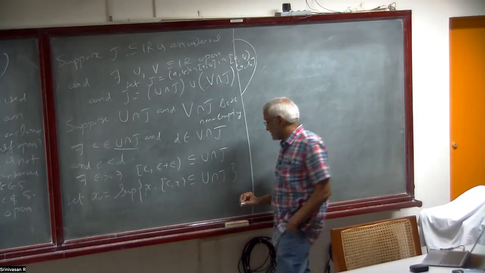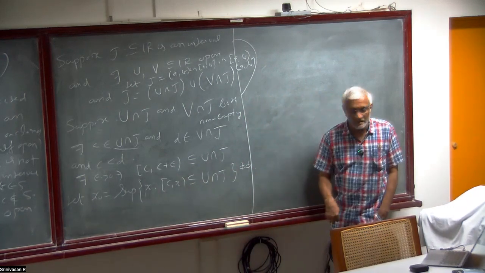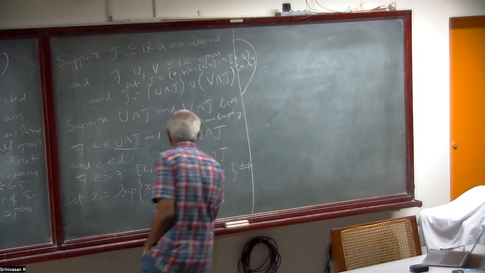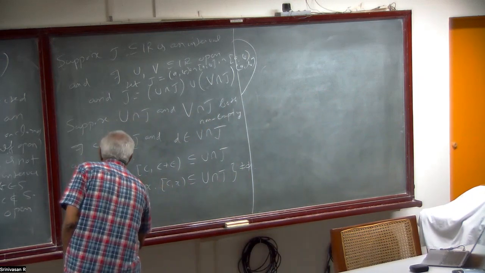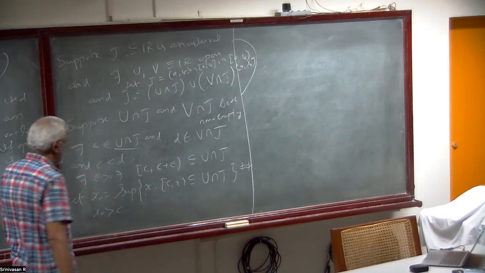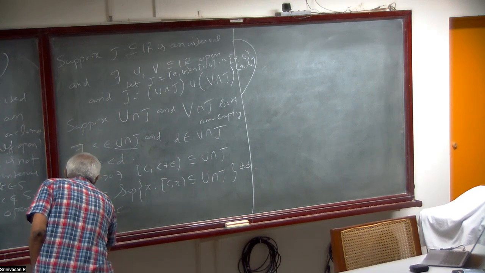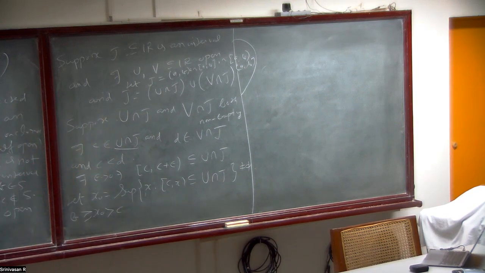The supremum exists. And x naught is strictly greater than C. And x naught is less than or equal to B, because everything is contained in the interval. Our J is an interval.